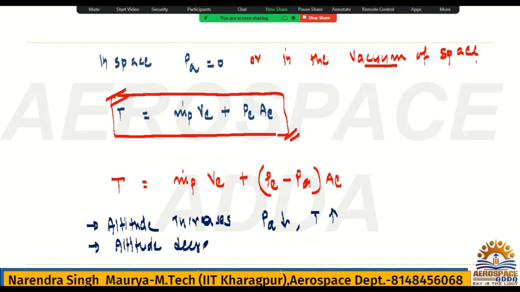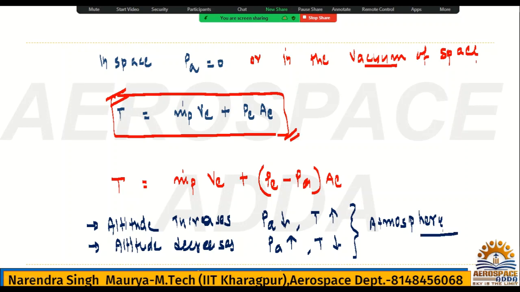Altitude decreases, PA increases, and then thrust decreases. You remember it, okay? I'm talking about in atmosphere. It is in atmosphere. This is in space.